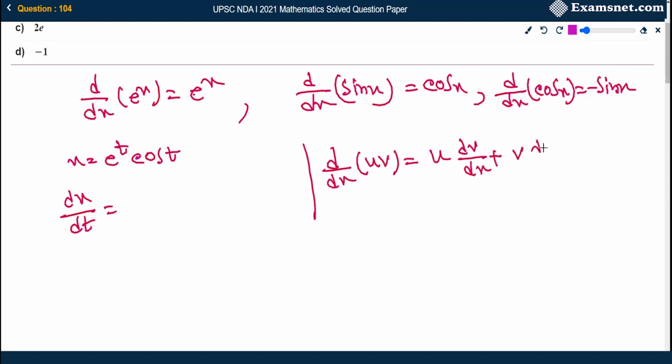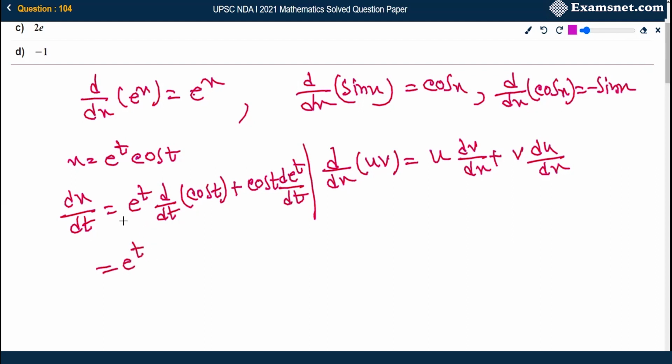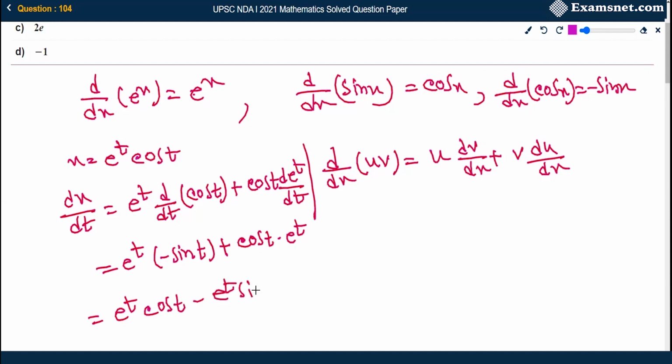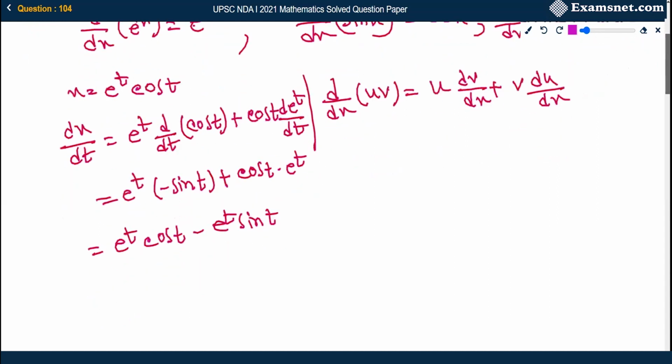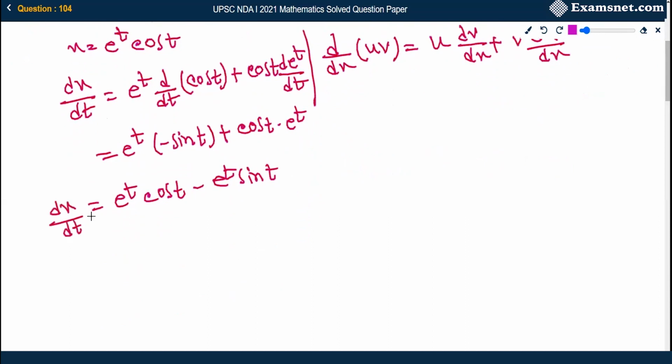Next, keep v constant and differentiate u. So here I will first keep e to the power t constant and differentiate cos t. Next, cos t will be constant and differentiate e to the power t by dt. So it will become e to the power t times minus sin t plus cos t multiplied by e to the power t. So yes, e to the power t cos t minus e to the power t sin t. Okay. So that is dx by dt.